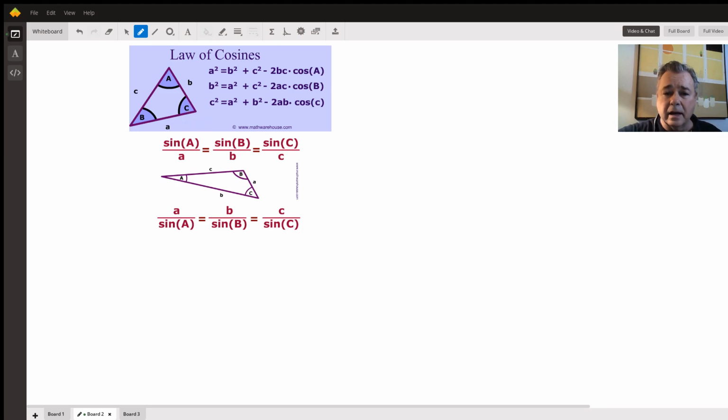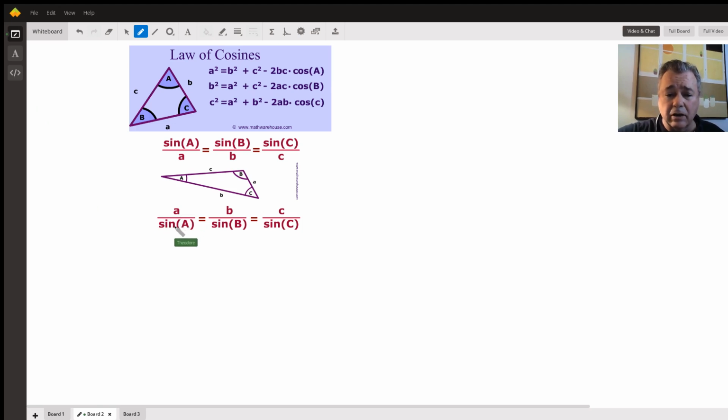In the law of cosines, you only need one angle, but you need the lengths of 2 sides. The law of sines is a situation where you have more than one angle and only one side. That's what we've got here. So we're going to use the law of sines.